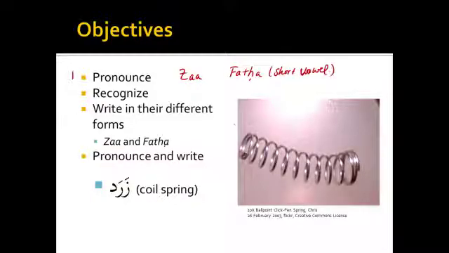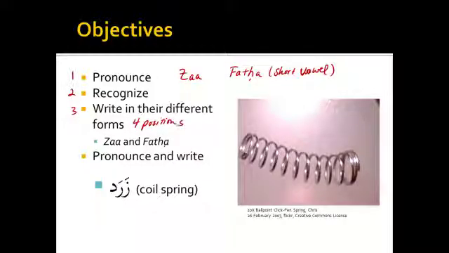And our second objective is to recognize the Za and the short vowel Fatha when we see them in a word. Our third objective is to write the Za and the short vowel Fatha. And the Za, remember, we have 4 positions for each letter.